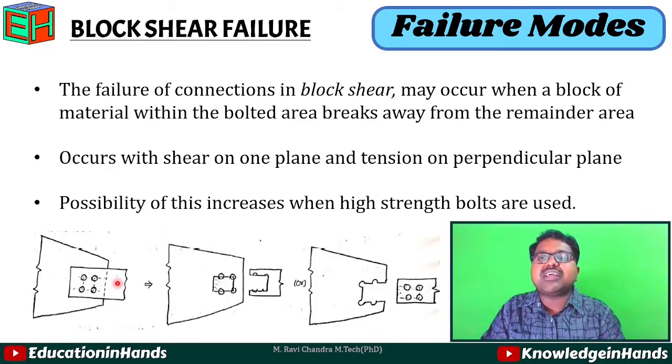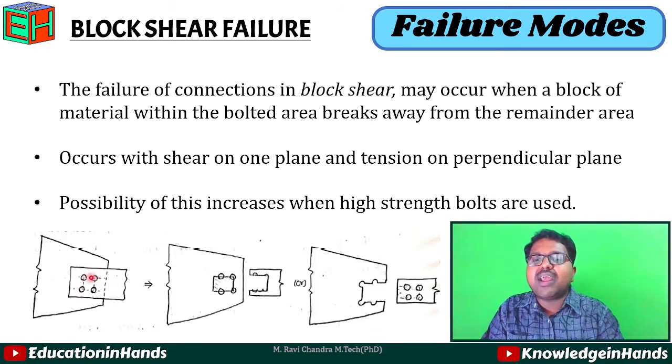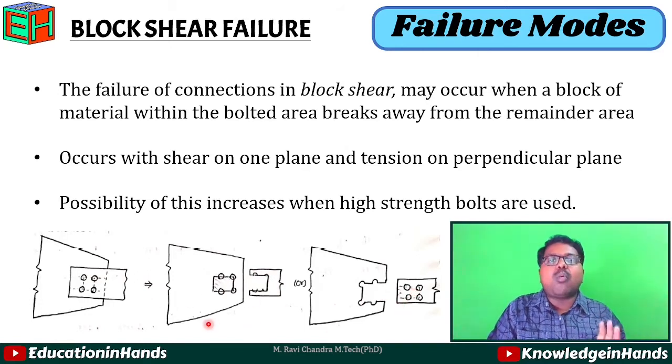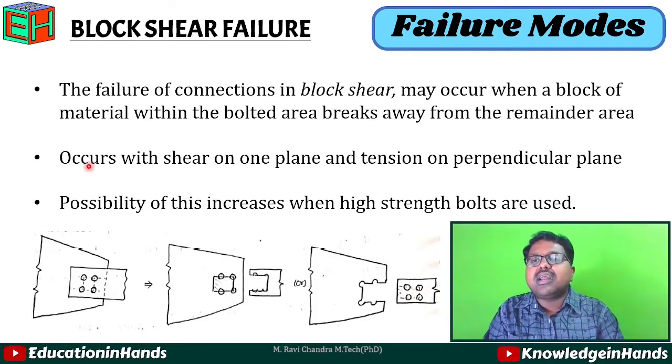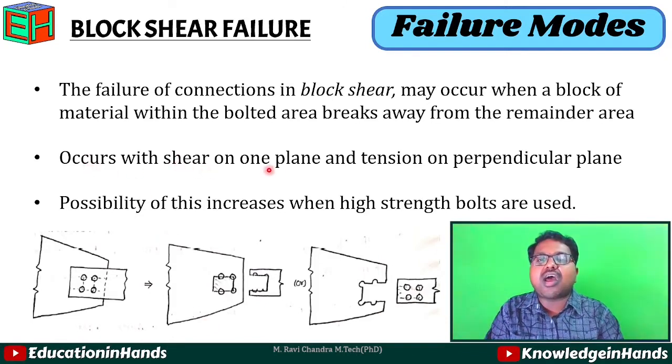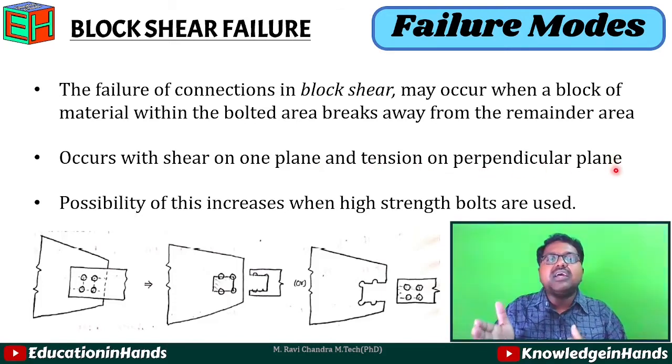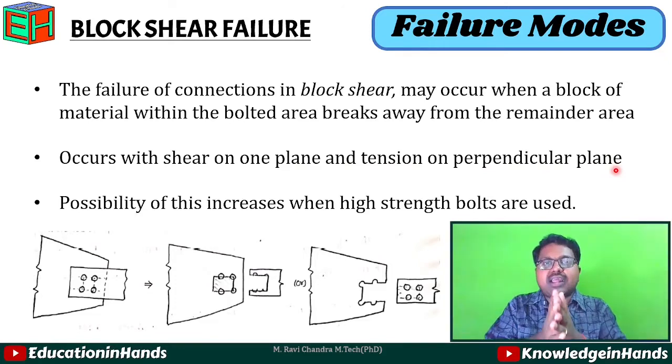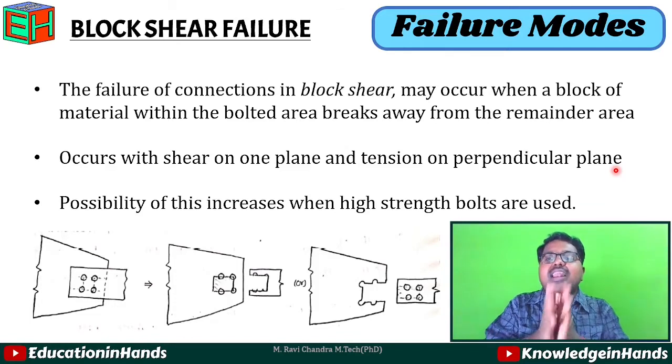If block shear happens, this plate block will stay here and the remaining member will shear out like this or like this. This kind of failure is called block shear. It occurs with shear on one plane and tension on the perpendicular plane. So both shear and tension act together on a plane, and at that time block shear failure will happen.